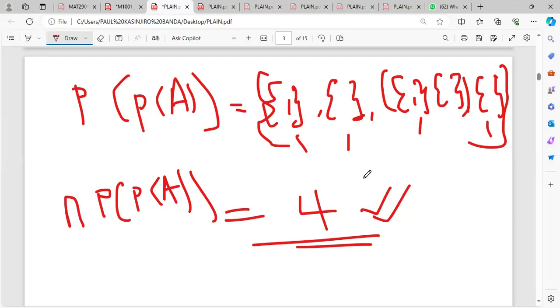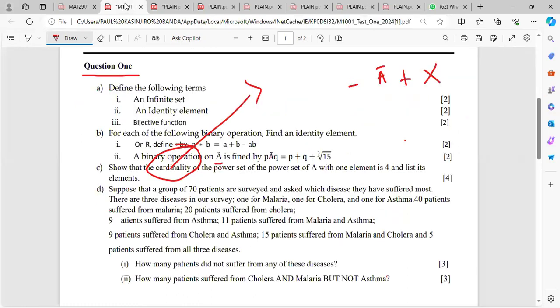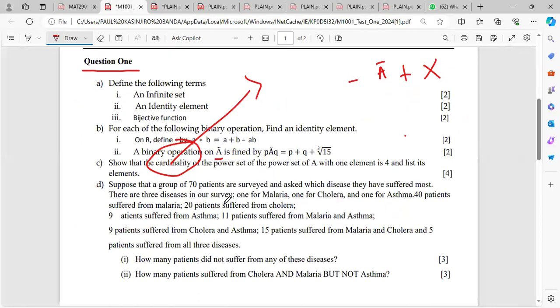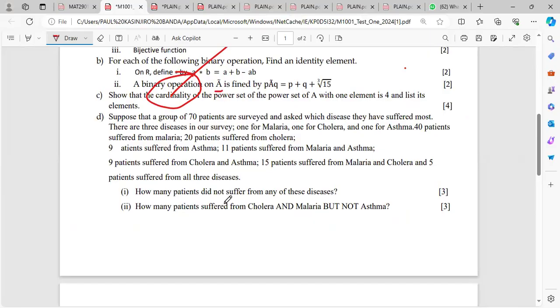Let's go now to the other question. So D now, that's what we are solving there. They're saying, suppose a group of 70 patients are surveyed and asked which disease they have suffered the most.